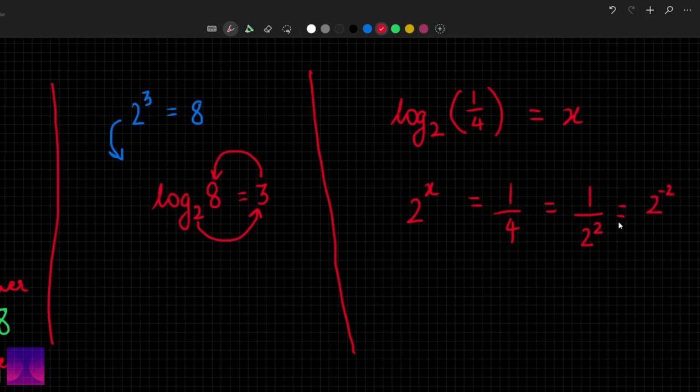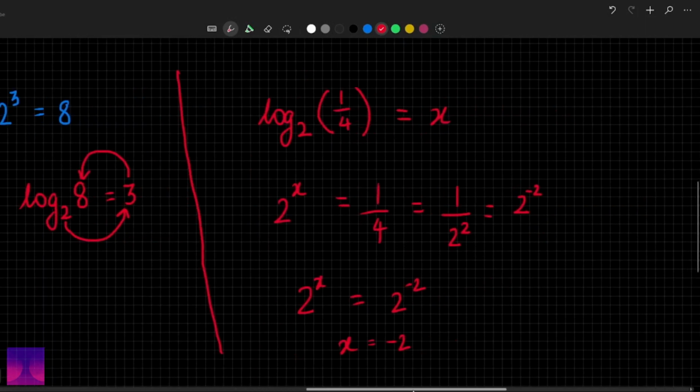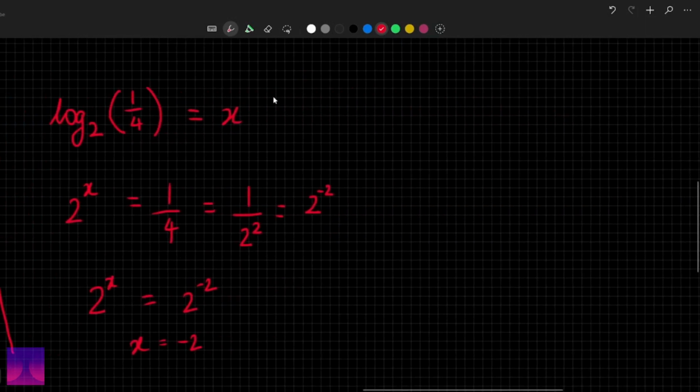Now let's equate these both. So 2 to the power x equals 2 to the power minus 2. Therefore, x equals minus 2. Now let's take the value of x and put it in the log function.